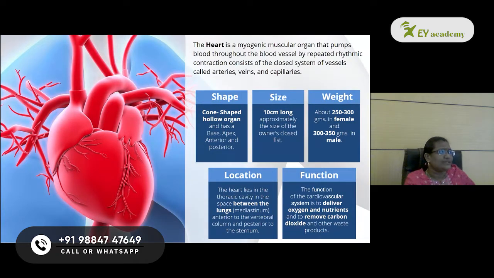Now moving towards the size. The size of the heart is about 10 centimeters long, and it depends upon each individual. The size of the heart is measured with a closed fist. Open your hand, and close all your four fingers with the thumb inside.